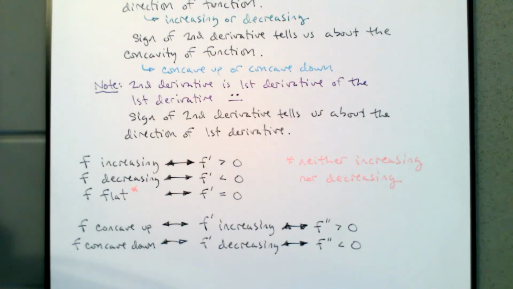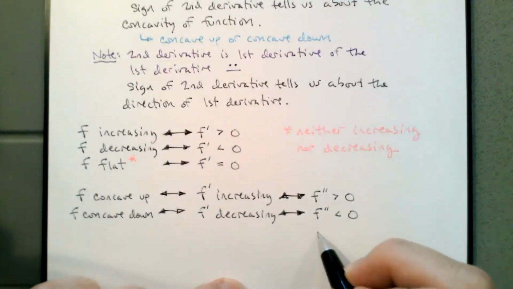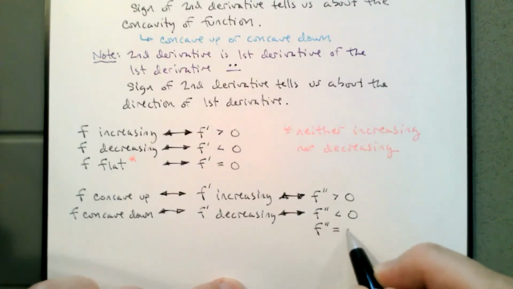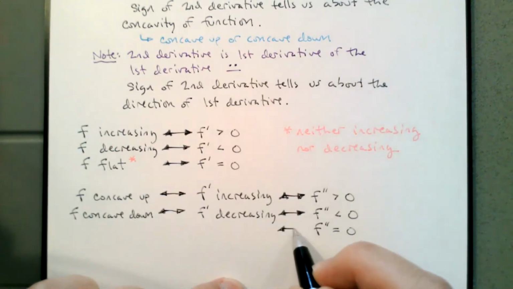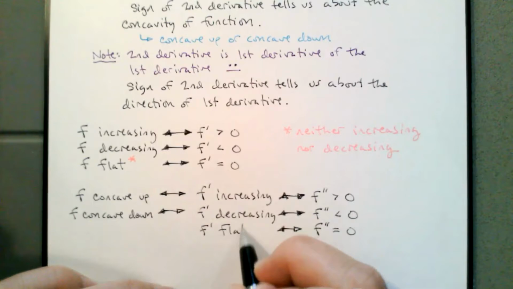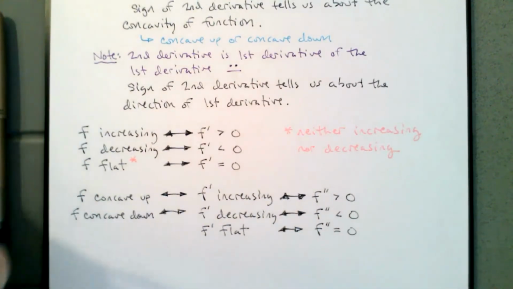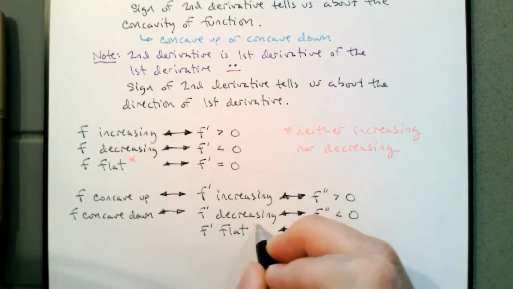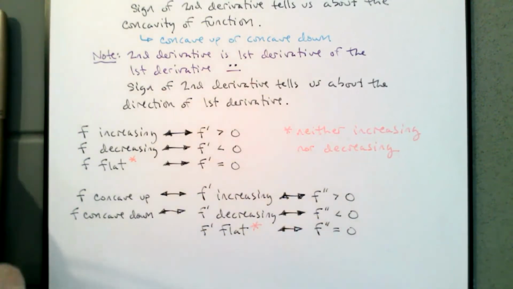If the second derivative is equal to zero, then f prime is flat. When we say f prime is flat, that just means neither increasing nor decreasing.